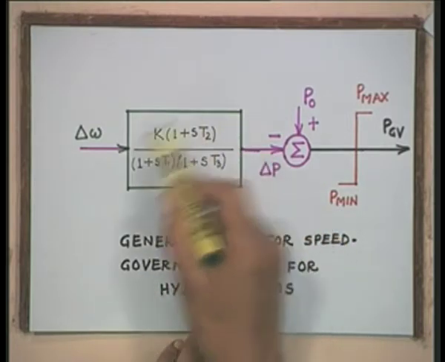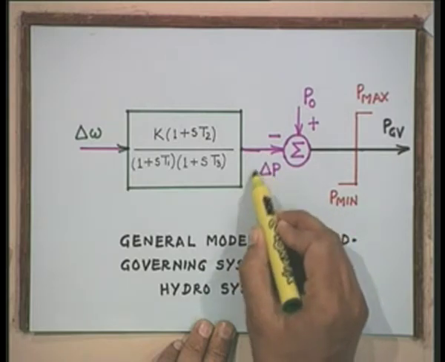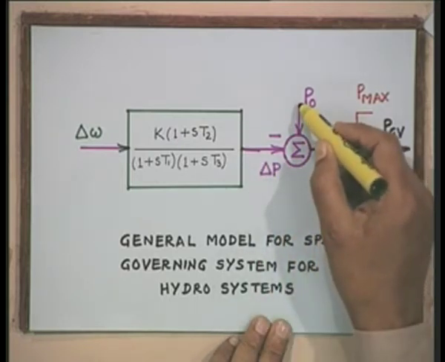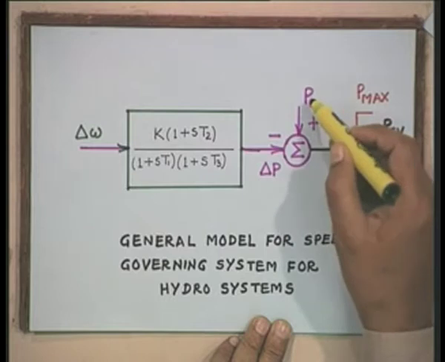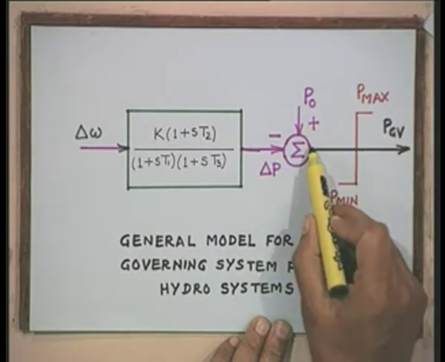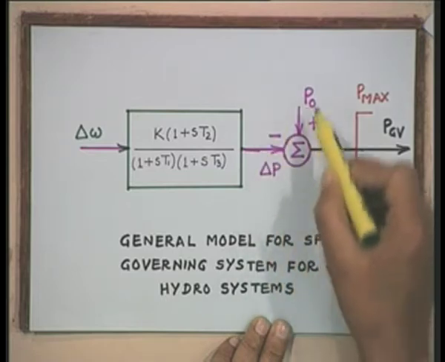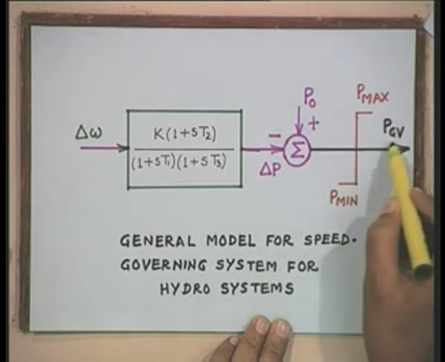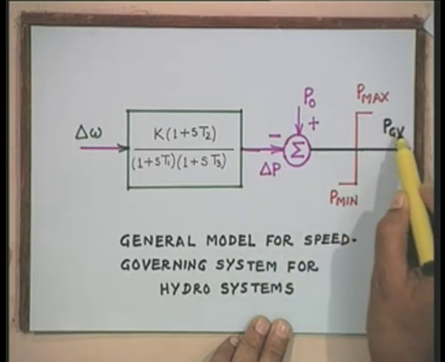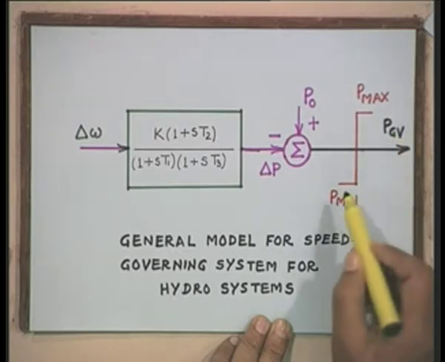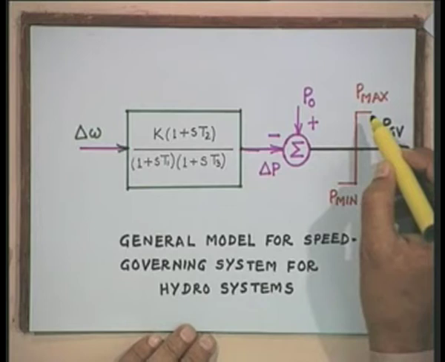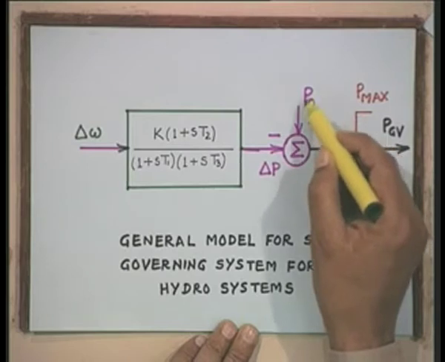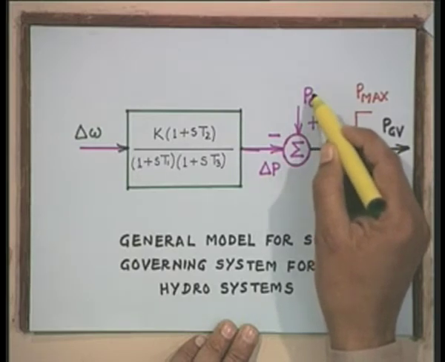The output of this transfer function represents the change in power, delta P. Now, this is added to the reference setting, that is P0, and this output, which is the sum of P0 and delta P, is the gate valve position. Okay. Now, here as you know, this P0 is the position of the speed changer. In the AGC, when we talk about it, this is the speed changer position.